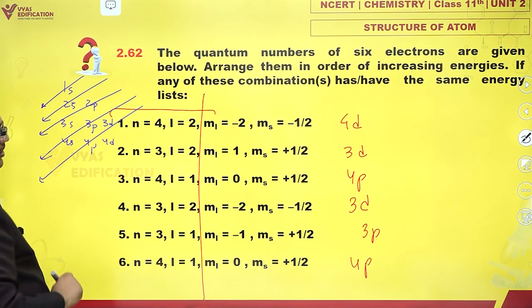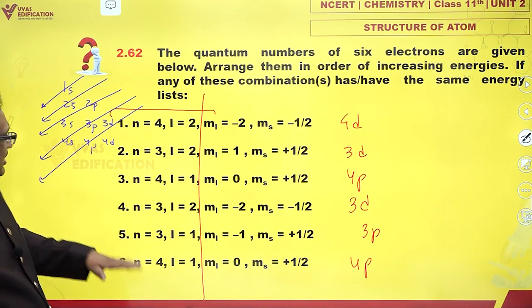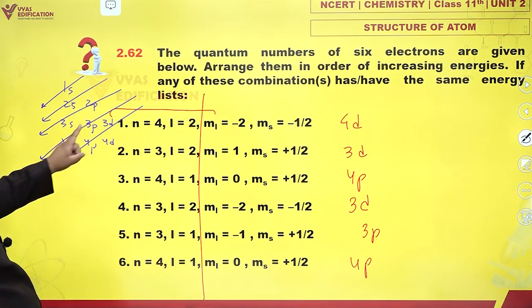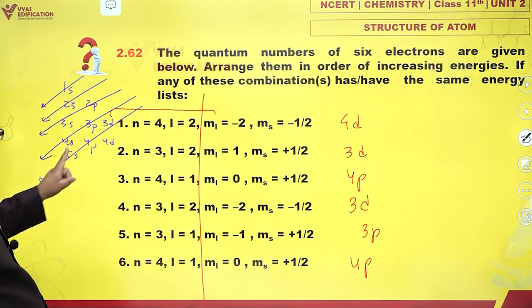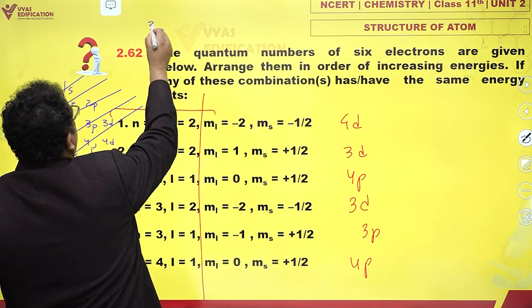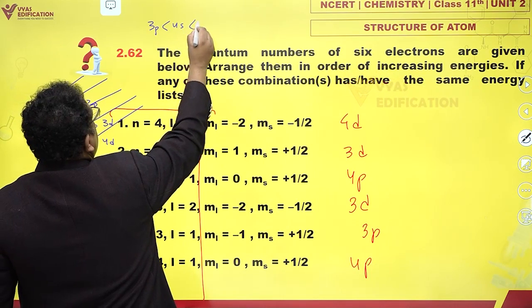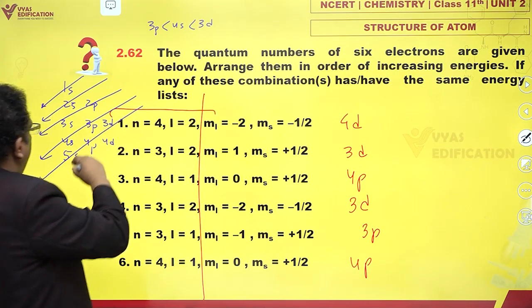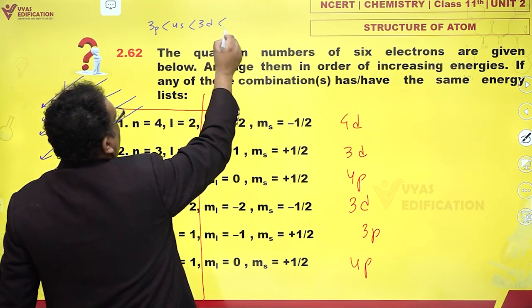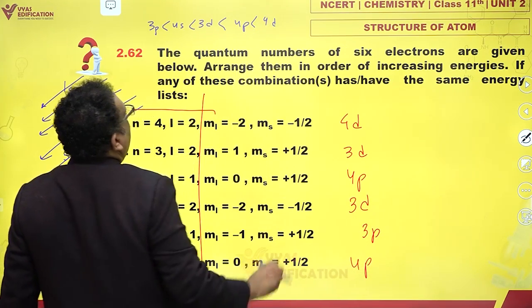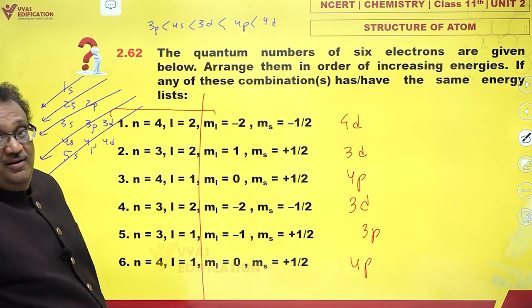This was the order. What I mean is 3p, then 4s, then 3d, then 4p, then 5s, then 4d. This is the order, right?